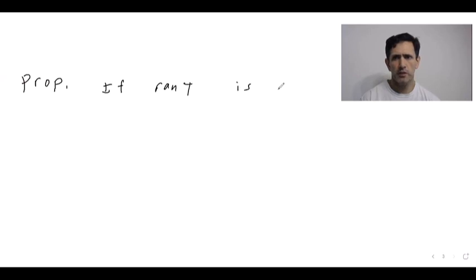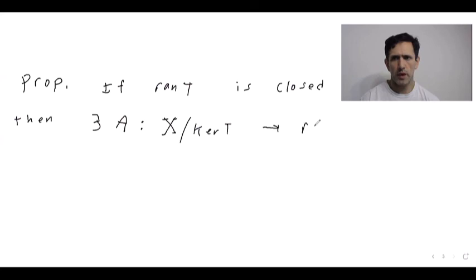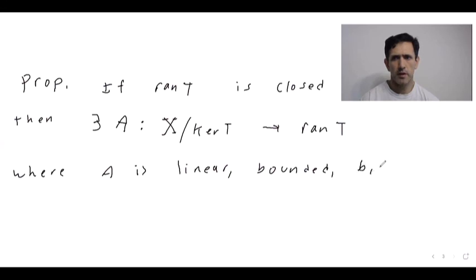If the range of T is closed, then there exists a map A from the quotient space X mod the kernel of T to the range of T, where A is linear, bounded, bijective, and A inverse is bounded.